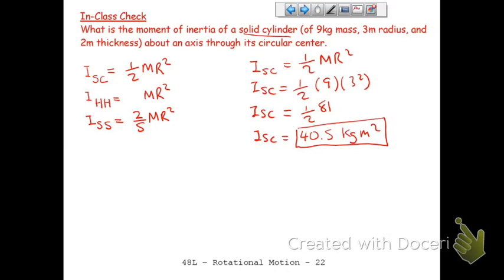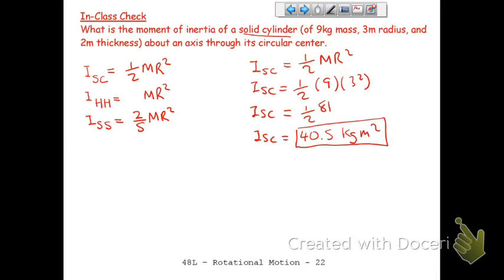From this, you can see which is the biggest for a given mass and a given radius. Which is the biggest moment of inertia? Can you order them for me? Which is the biggest? Is it this or this or this? For a given mass, call your mass 1, and a given radius, call your radius 1, which gives you the biggest value? 1, 2, or 3? 2.